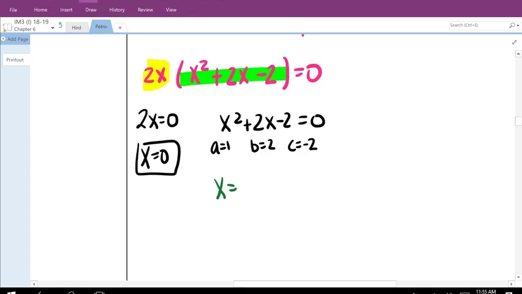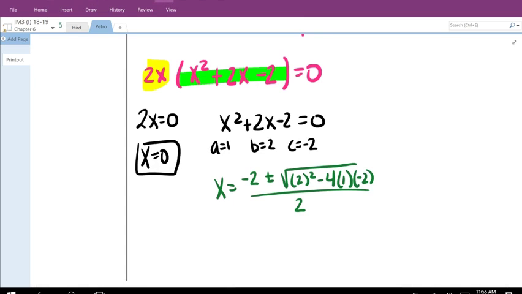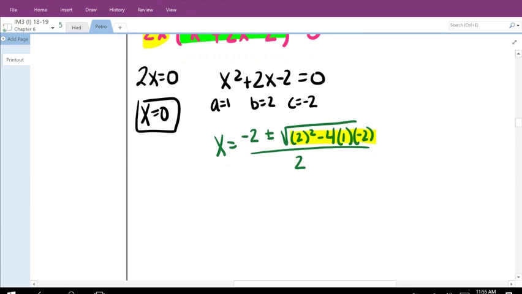X is equal to the opposite sign of B, which is -2, plus or minus the square root of 2 squared, because that's B squared, minus 4, that's part of the formula, A is 1 and C is -2, all over 2 times 1, just 2. All you have to do with your calculator is plug this piece in. And let me know what you get when you do that.